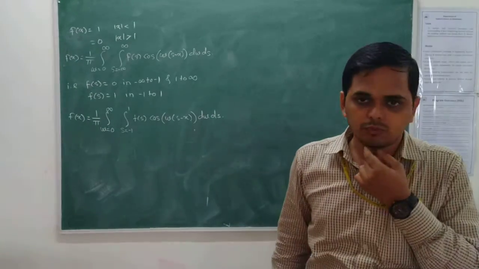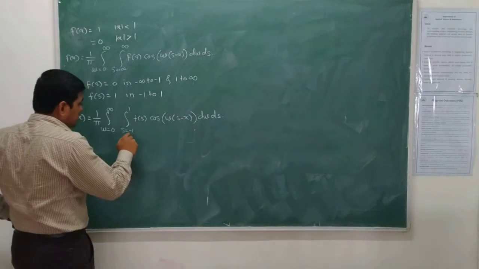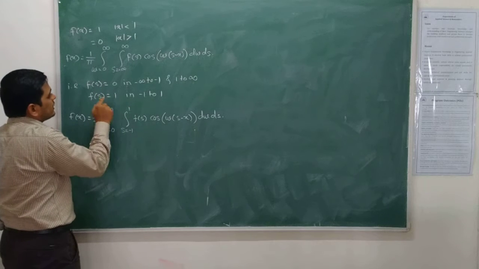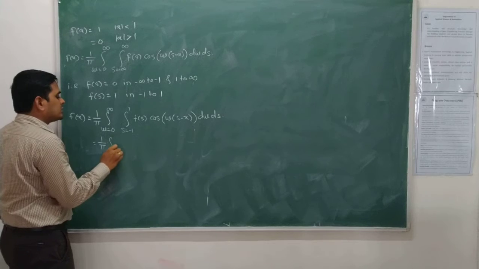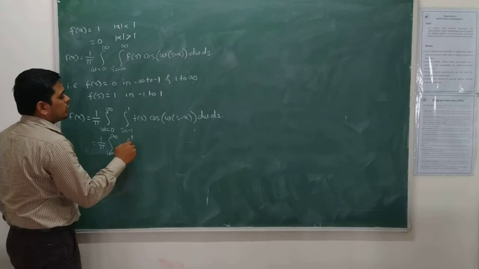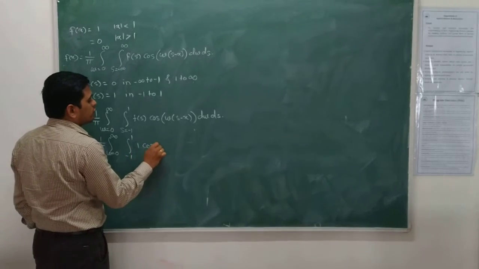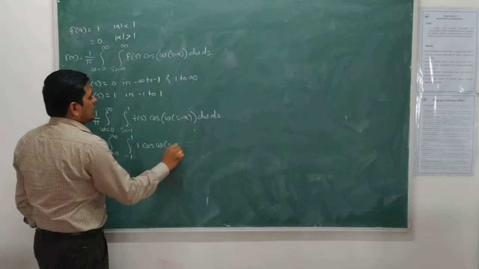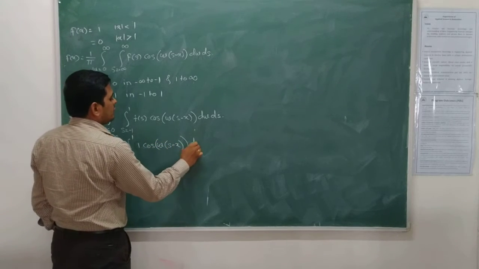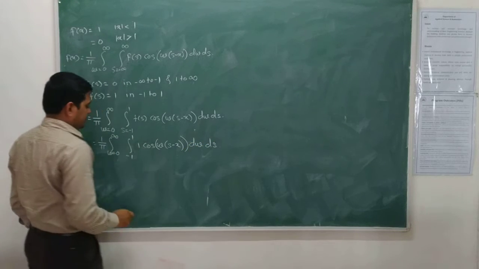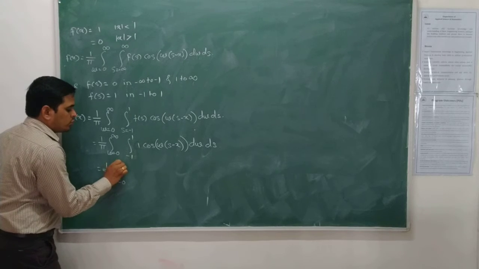Now, as in the interval minus 1 to 1 the value of f of s is 1, we get 1 upon pi integration omega equal to 0 to infinity, minus 1 to 1, 1 into cos of omega into bracket s minus x, d omega ds.